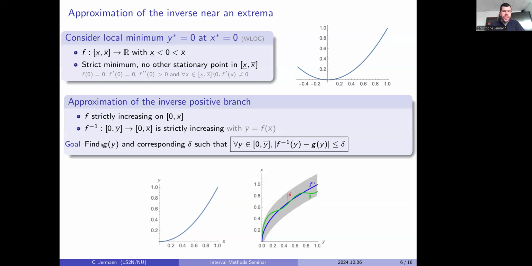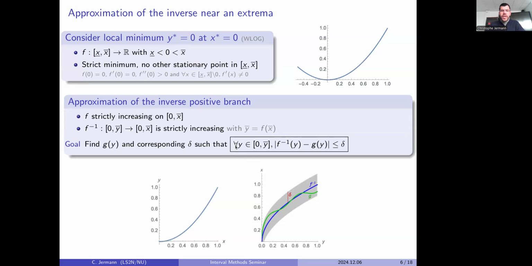The problem we consider is to find some function g of y, which is supposed to represent the image of y by f inverse, and a corresponding bound delta, so that, as you can see on the graphic, which is maybe more telling, the function g remains within a delta neighborhood of the inverse of f.